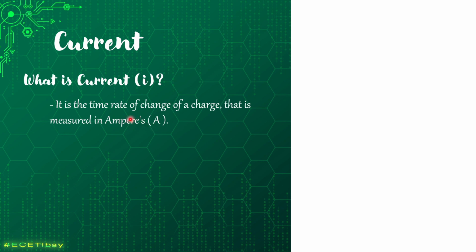Since it states the rate of change, we use the derivative, because the purpose of derivatives is to measure the rate of change. That's why the equation is in derivative form. Since it states the rate of change of charge, it means the derivative of the charge, which is Q.